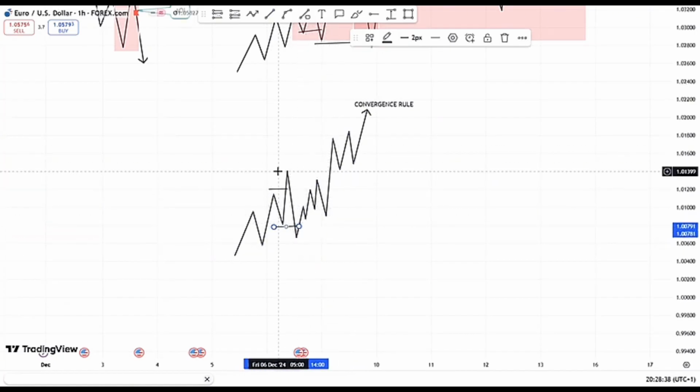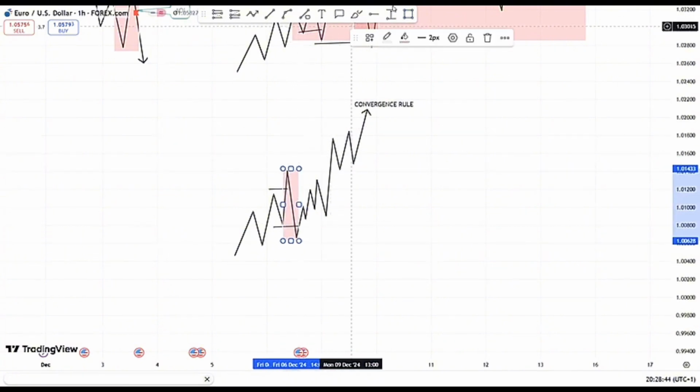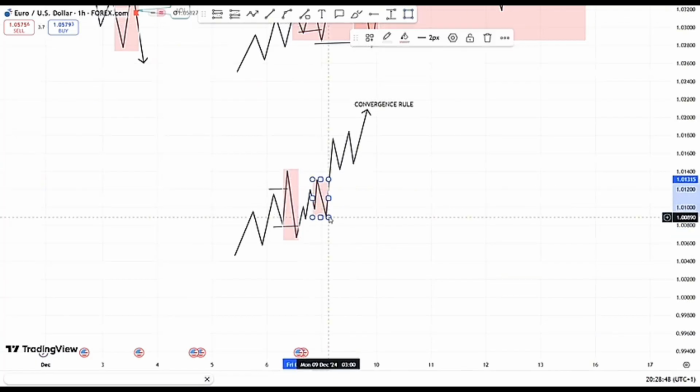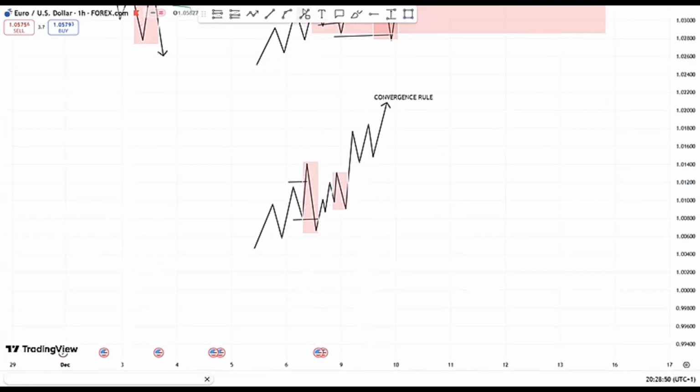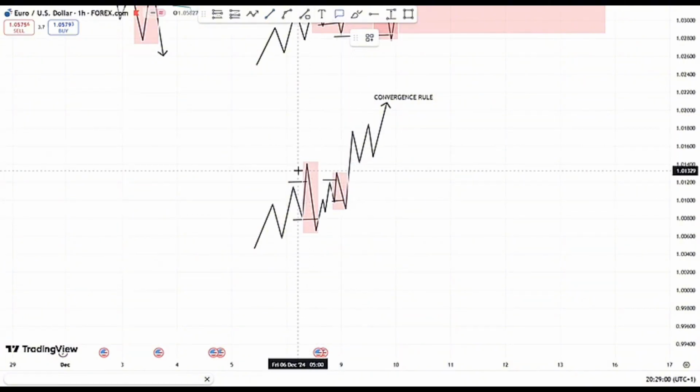This is the first AOI. Let me highlight it. This area here is the first AOI. This guy here is the second AOI. Why is it the second AOI? The same thing. It cleared the high, cleared the low, and what happened? It created a new high.